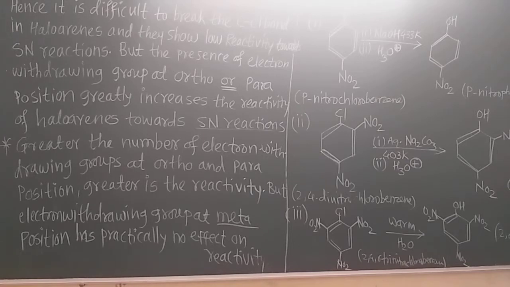In that, I already told you that if the conjugation or resonating structures increase, the haloarene molecule becomes more unreactive towards the nucleophilic substitution reaction, because haloarenes already have very low reactivity towards it, due to the sp2 hybridized carbon atom and the C-Cl double bond character in the second, third and fourth resonating structures.